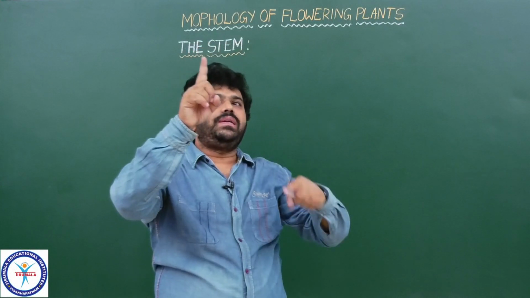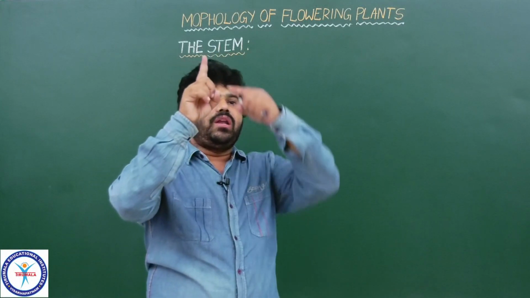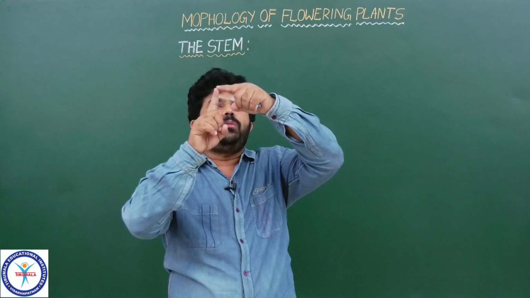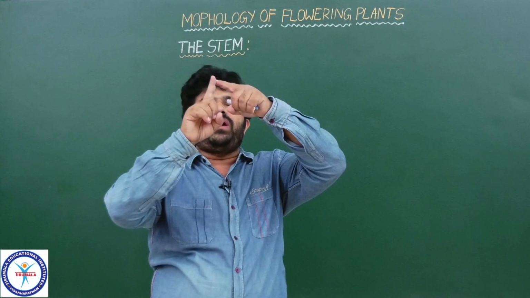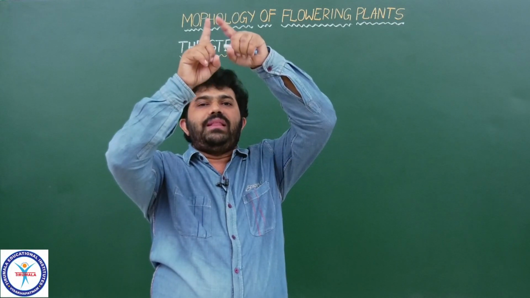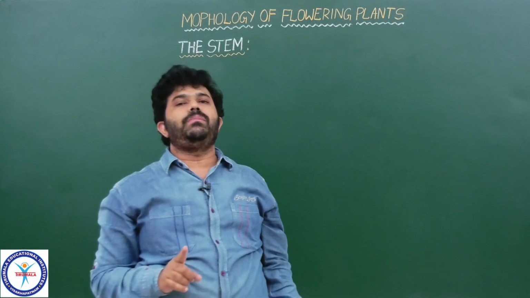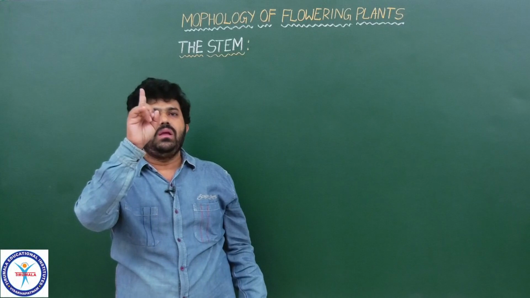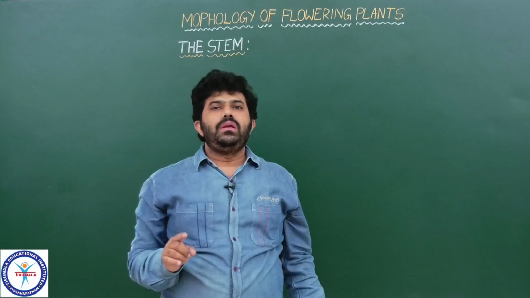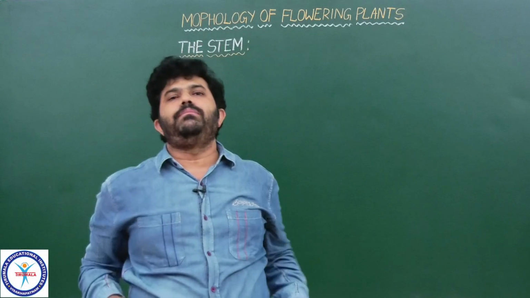This bud is called the terminal bud or apical bud, which is responsible for the lengthwise growth of the stem and for the branches produced from each nodal region. Everything is accomplished by the apical bud situated at the tip of the stem.